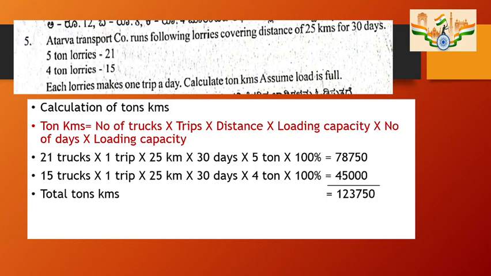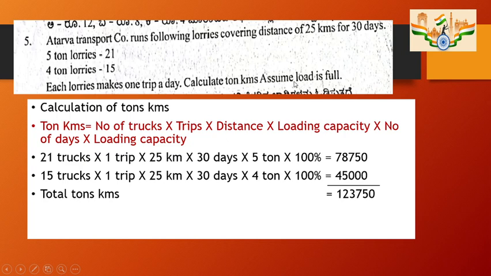Okay, this is the calculation of total ton kilometers, that is 1,23,750. So here you have to mention the percentage of loading capacity, how much actually they are loaded. That is 100%. The load is full, that's why we take 100%.